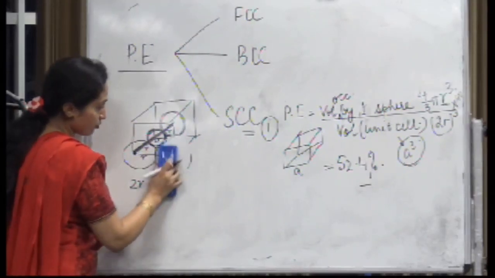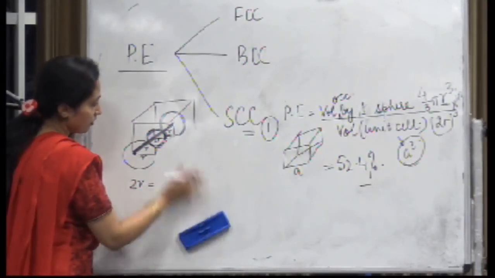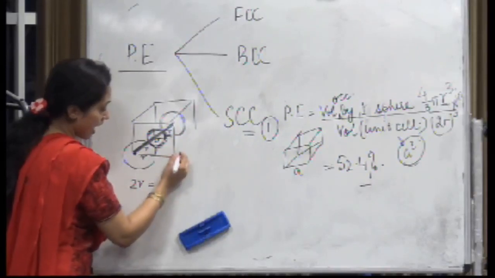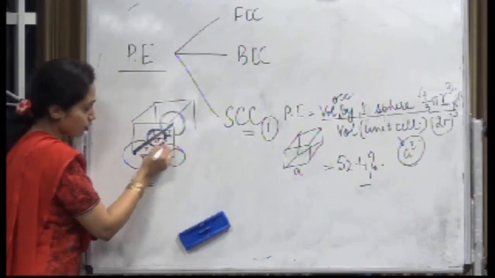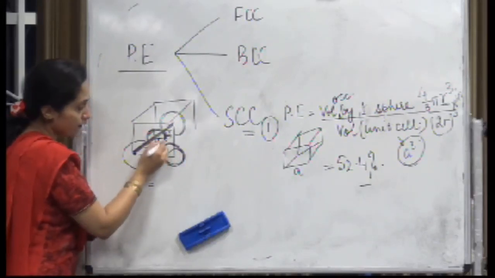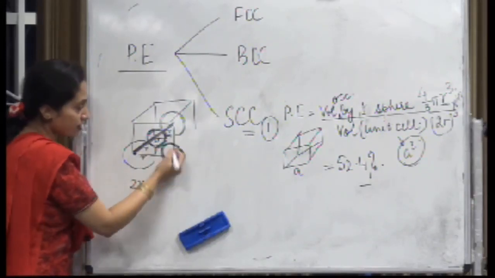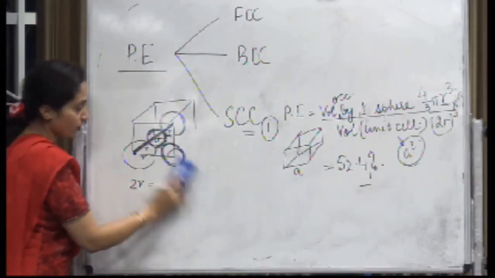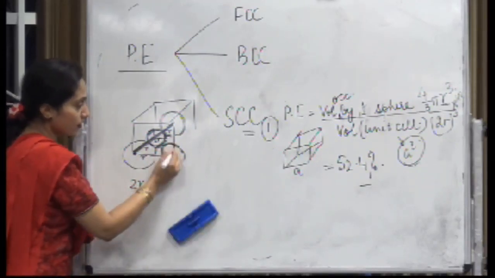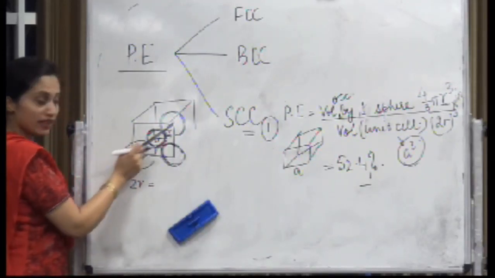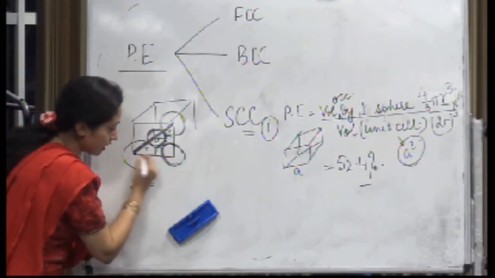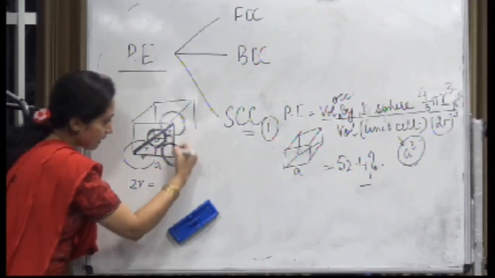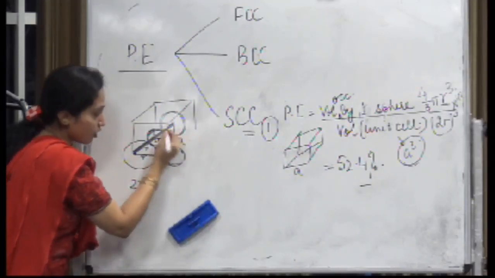Now let me just remove the previous one. Here I have atoms at the corners as well as at the face center. So this one touches the face. So I am concentrating on my face diagonal now. Is that clear? Now the arrangement will be like this, where you have a face diagonal in between. ये वाला total is A, this again is A, but this is your face diagonal.